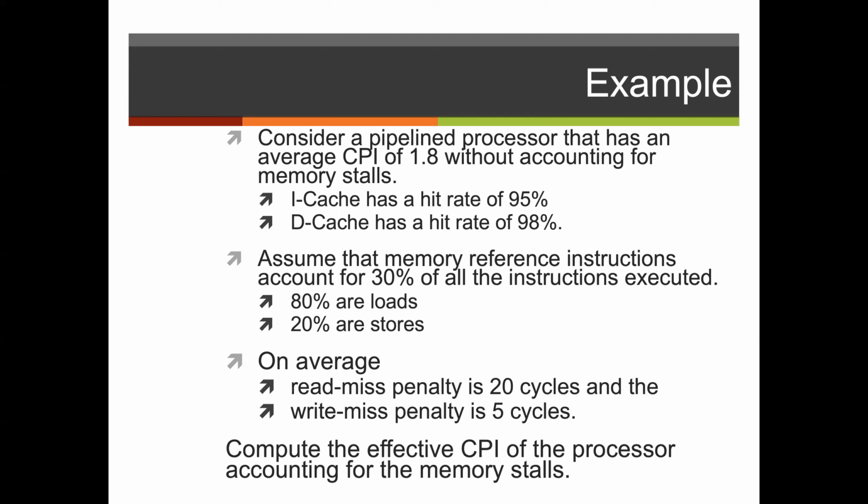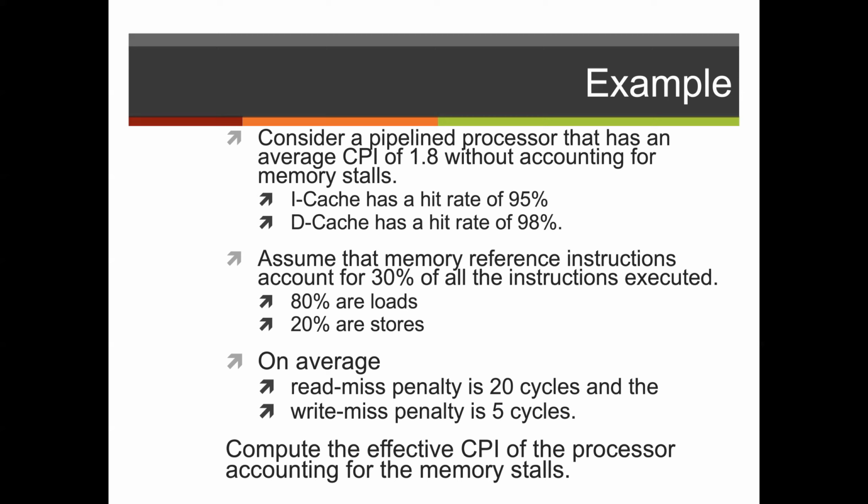We assume that memory reference instructions account for 30% of all instructions executed. 80% of those are loads and 20% are stores. On average, we have a read miss penalty of 20 cycles and a write miss penalty of 5 cycles. We want to compute the effective CPI of the processor that accounts for the memory stalls.